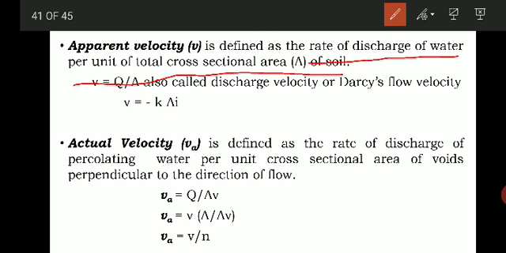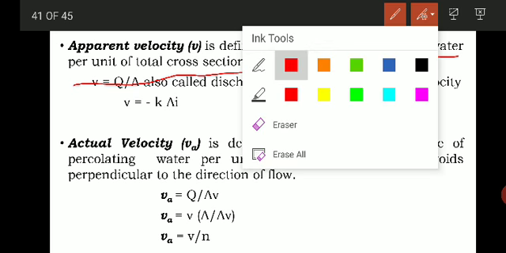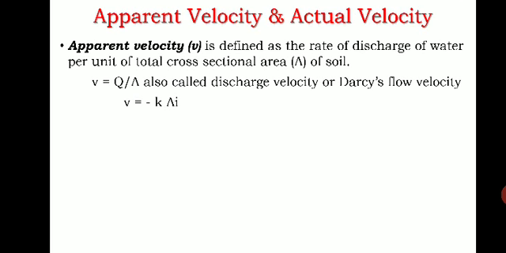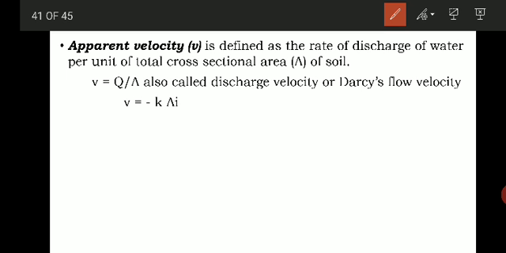So you can write it as an expression: V is equal to Q by A, where Q is the discharge of water and A is the total cross-sectional area.